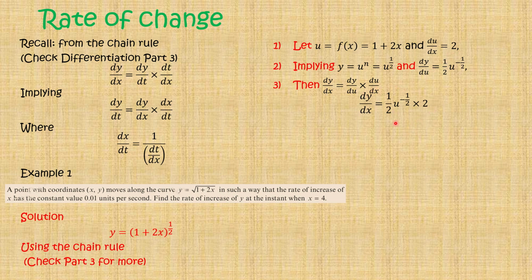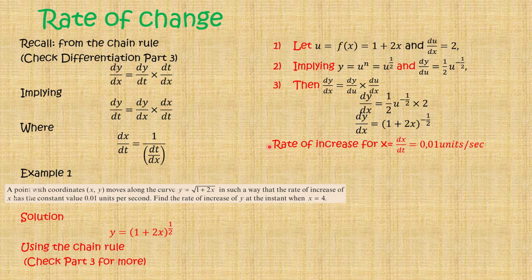We are going to get dy/dx as 1/2 u to the power minus half times 2. And of course, simplifying that and substituting back for u with 1 plus 2x, we are going to get (1 plus 2x) to the power minus a half. So that is our dy/dx.